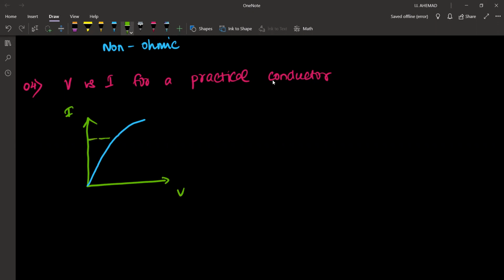So what can I tell about this region? In this region, we observe that V is proportional to I, right? Look, it's a straight line. It is going through the origin. Therefore, V is proportional to I. But here, it is not. So I can call this region the ohmic region. This is the non-ohmic region.